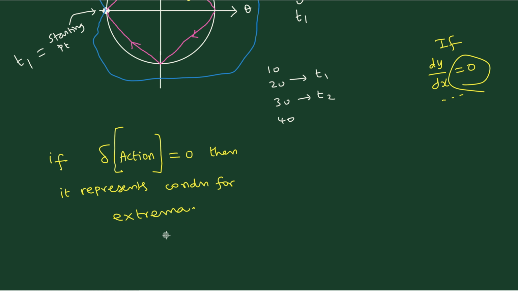So in our problem, how do you write it? Delta of the action integral, from t1 to t2 of the Lagrangian, which is a function of q, q dot and t, multiplied by dt, should be equal to 0. This is the important rule that we are going to use.